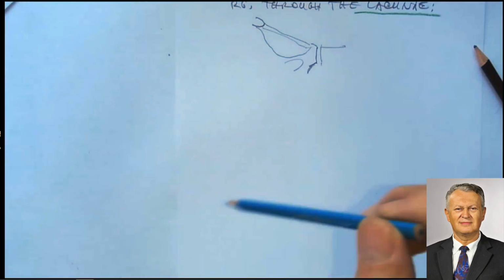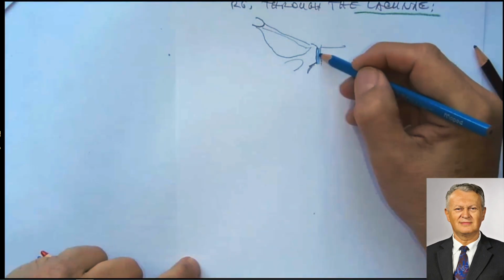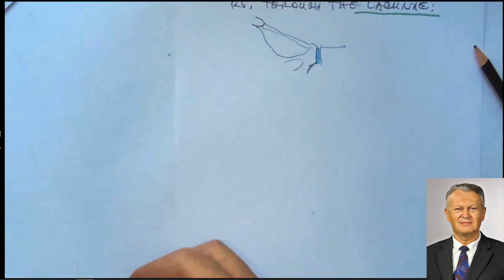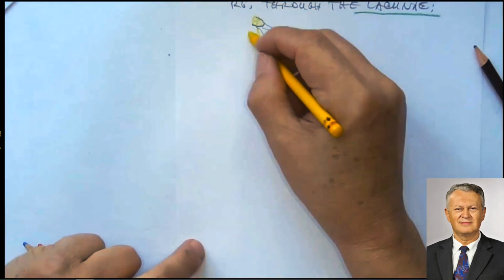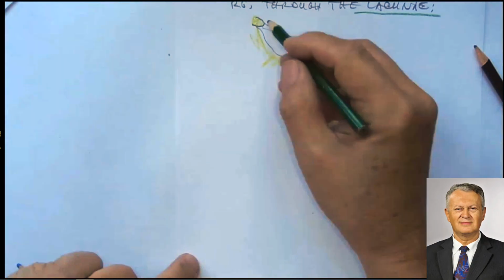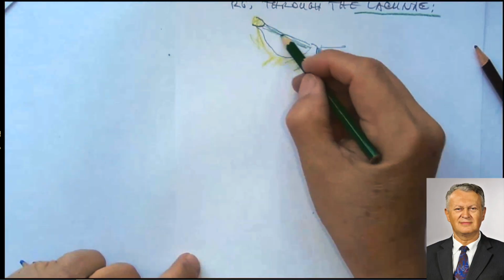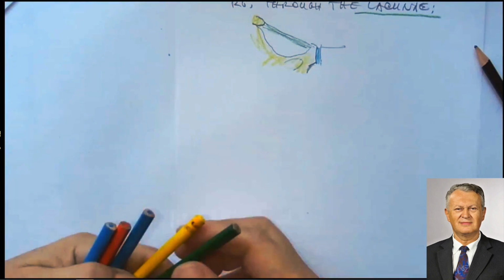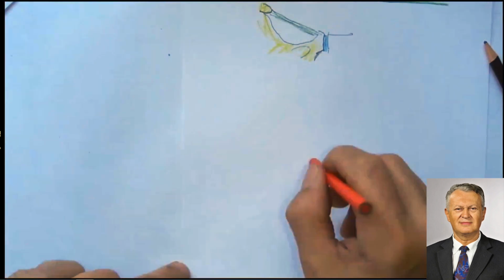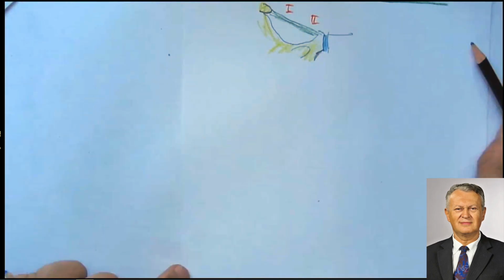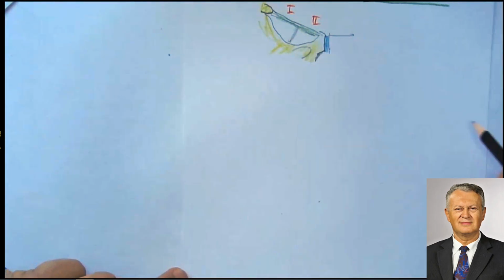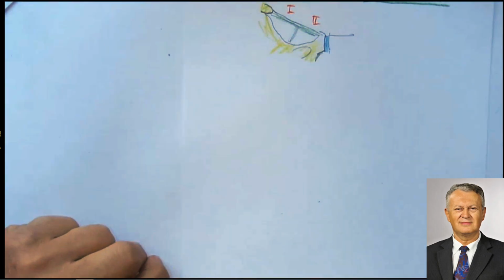Here you see the pubic symphysis, just quickly coloring the bone here. This is sufficient in light green, the inguinal ligament, that's it. And we see two lacunae, maybe 1, 2, or using Roman numerals.